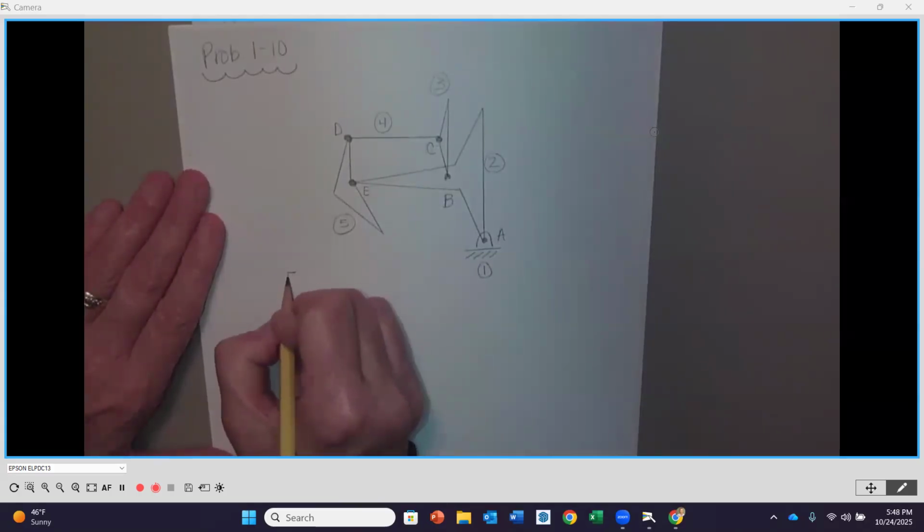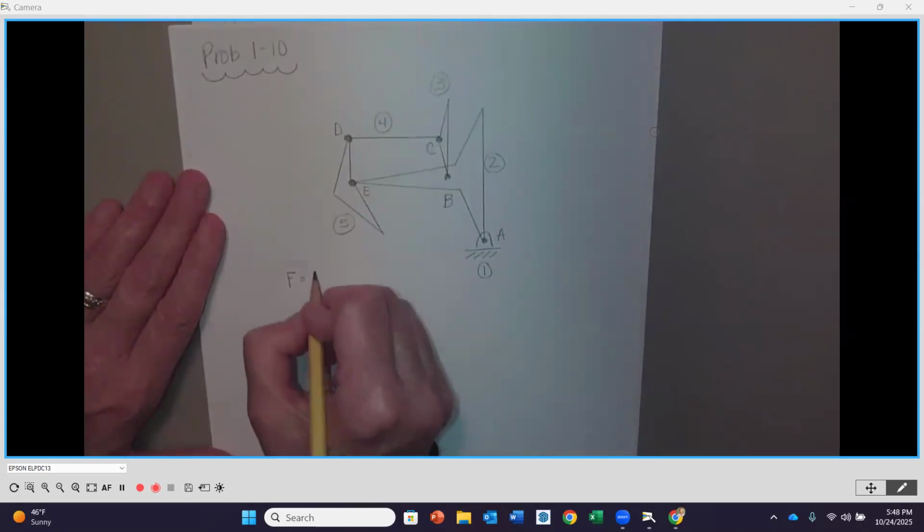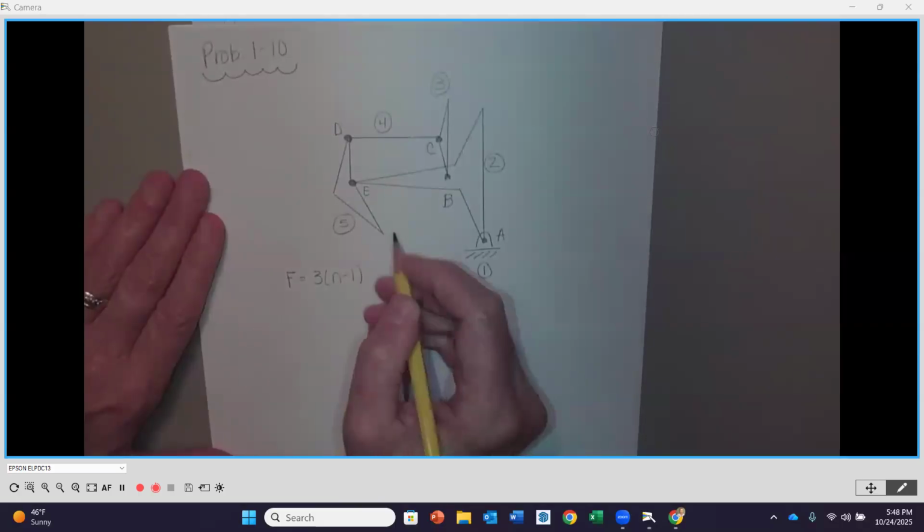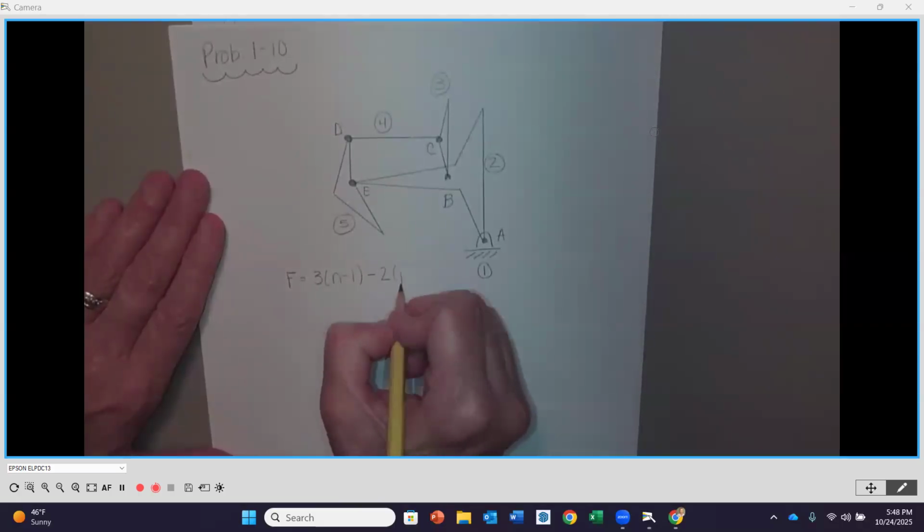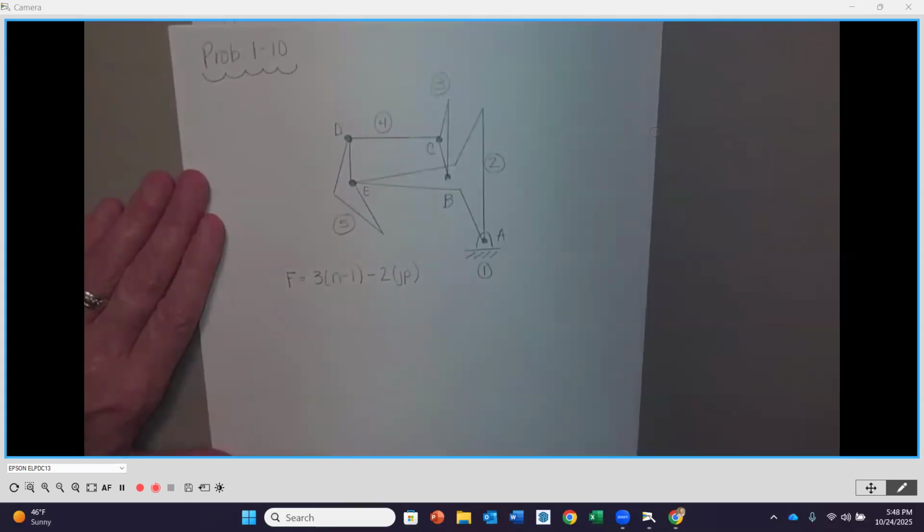So that equation is going to be F is equal to 3 times n minus 1 minus 2 times JP. N is the number of links. JP is the number of primary joints. And then as we know, it would be minus JH, which are higher order joints, which we're not going to be encountering in our problems right now. So we just kind of truncate this.